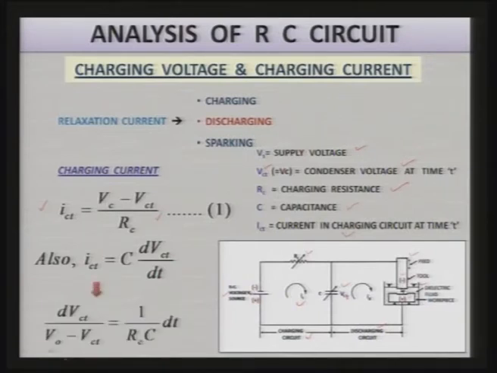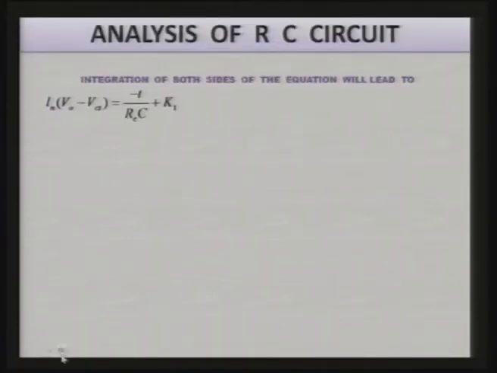and since these two are equal, you can equate the right-hand sides of both equations. So, you get dV_c(t) over (V_0 - V_c(t)) equal to 1 over R_c C into dt.